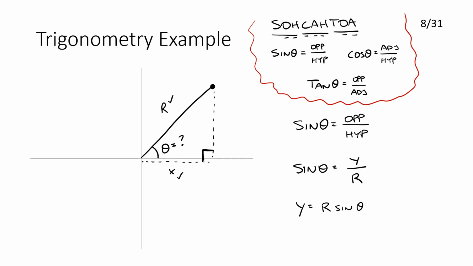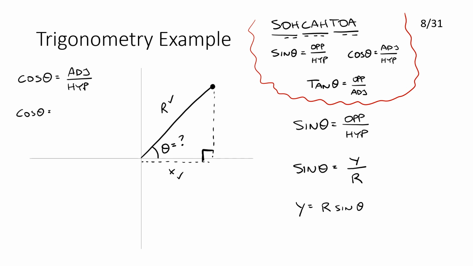So I'm going to take that over here to the left side. Let me rewrite it. Cosine theta equals adjacent over hypotenuse. Let me rewrite it in terms of this problem.